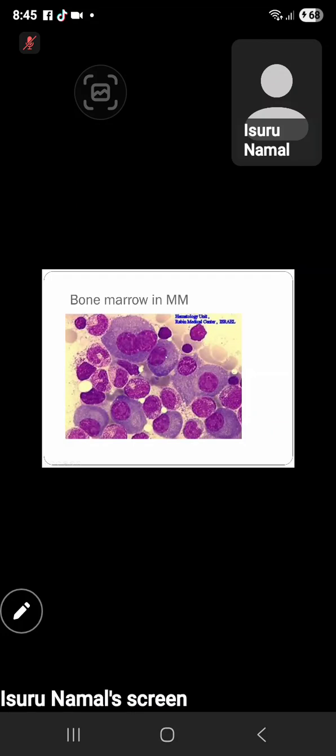cartwheel appearance you can observe in the nucleus, but actually you can't observe a cartwheel appearance. But you can see some perforated nucleus here. The nucleus is indented to one side, and your cytoplasm is somewhat larger, right? And dark blue cytoplasm, and the cell is large, right? Eccentric nucleus you can see, and surrounding the nucleus you can see a clear zone that is called the perinuclear halo.